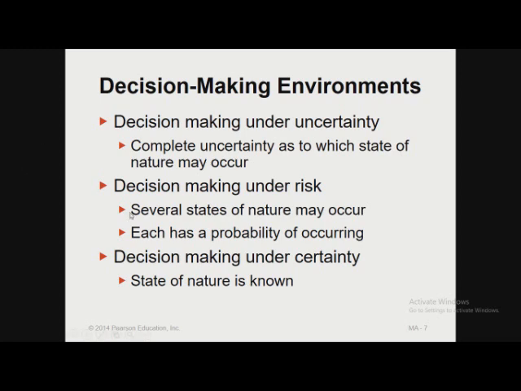So ang second naman is ang decision making under risk. So in the decision making under risk, guys, there are several states of nature that may occur. So each has a probability of occurrence. So when you are going to decide under risk, there are probabilities for the state of nature that should equate it to 100%. So meaning, dili equal or dili pantay ang iyahang probability.